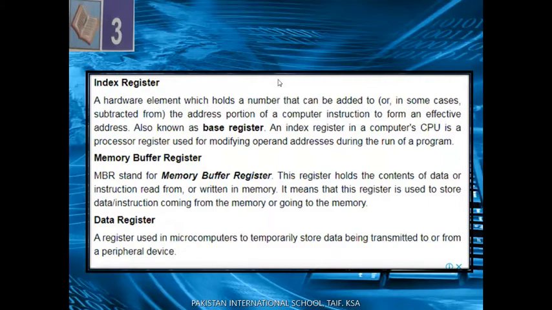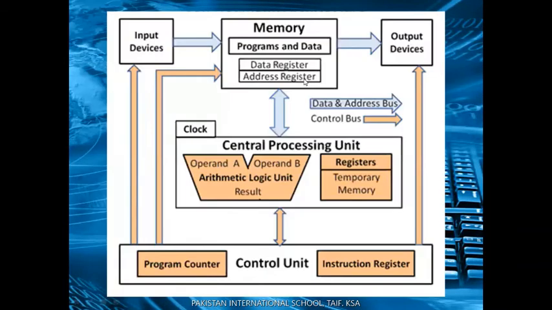Then we have the memory buffer register. MBR stands for memory buffer register. This register holds the content of data. Here we have operand A and operand B. Here we have registers, the temporary storage inside the CPU. This is our memory, programs and data. In the memory, we have a data register and address register, MDR and MAR.